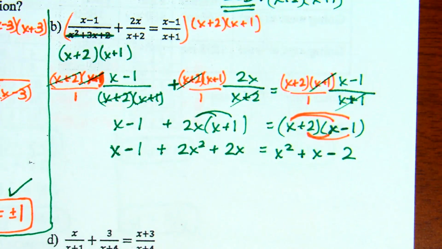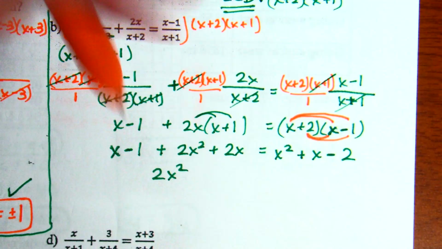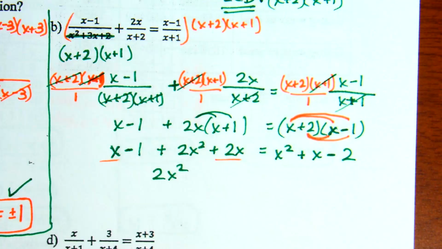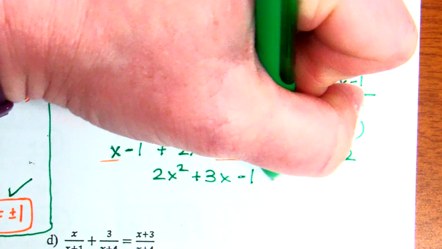Traditionally, what term am I going to prefer to see first? That 2x squared. So if I keep the 2x squared out front, what do you notice about x's? X plus 2x is going to be plus 3x, and we still have a minus 1. And it equals x squared plus x minus 2.